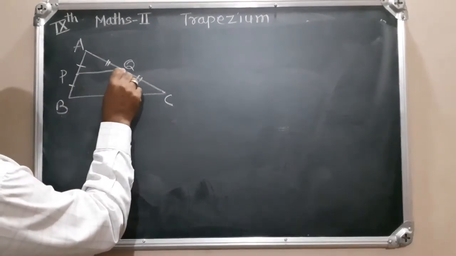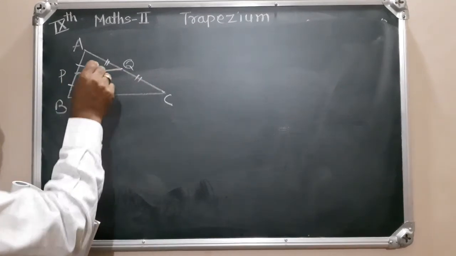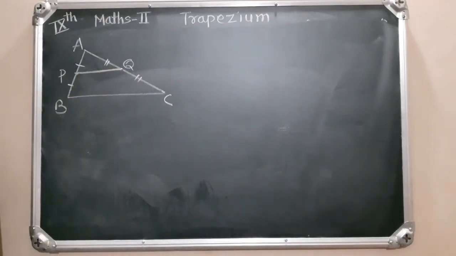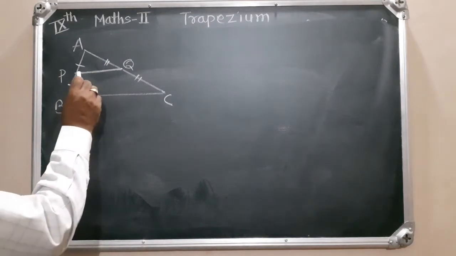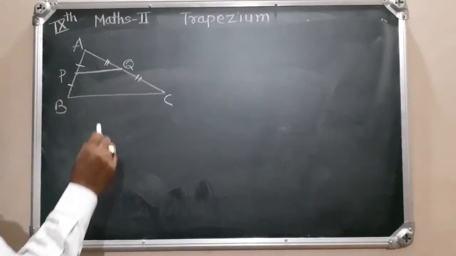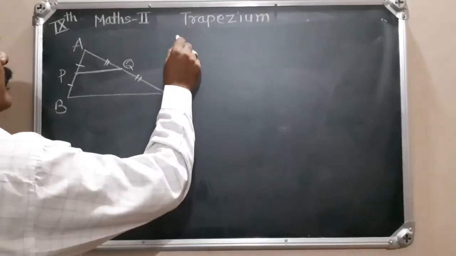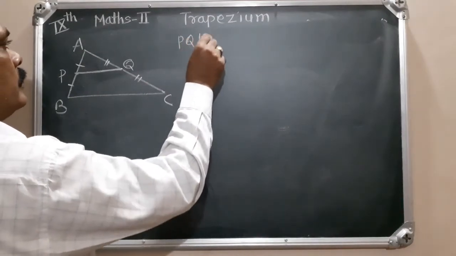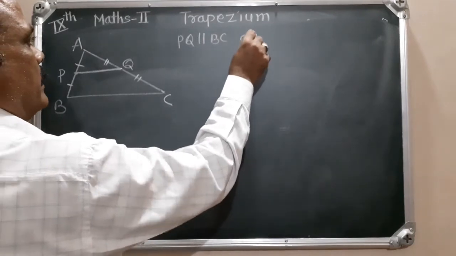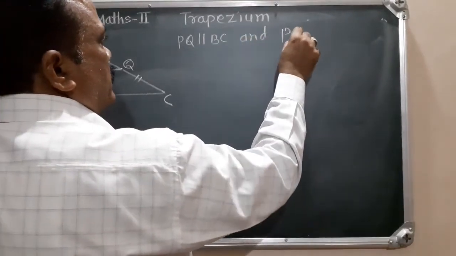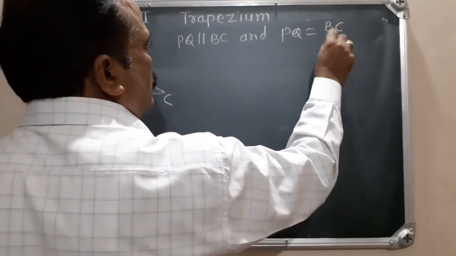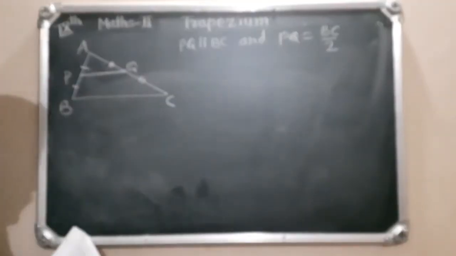The segment joining the midpoints of two sides of a triangle is parallel to the third side. That means this segment is parallel to this third side and half of it. That means PQ is parallel to BC and PQ is equal to BC upon 2. This we have to prove.